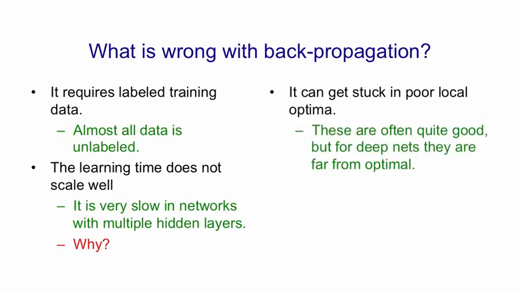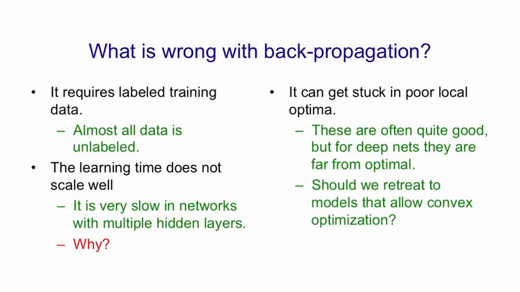These are often quite good, so backpropagation is useful, but we can now show that for deep nets, the local optima you get stuck in if you start with small random weights are typically far from optimal. There is the possibility of retreating to simpler models that allow convex optimization, but I don't think this is a good idea. Mathematicians like to do that because they can prove things, but in practice you're just running away from the complexity of real data.